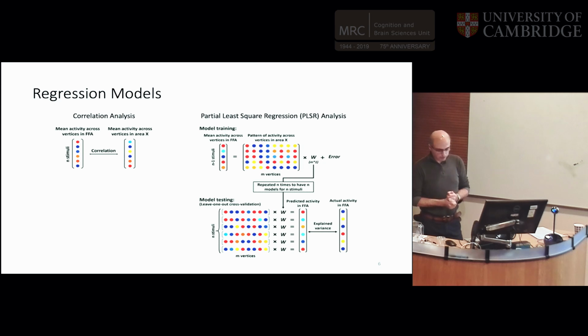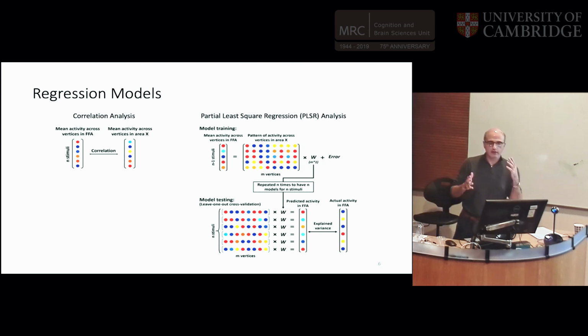Okay, so a simple way to look at the relationship of activity between two areas is to run a correlation analysis. Similar to what you do in resting state functional connectivity analysis, you can take the mean of activity, for example, in FFA, and the mean of activity in another area, and then compute the Pearson correlation.